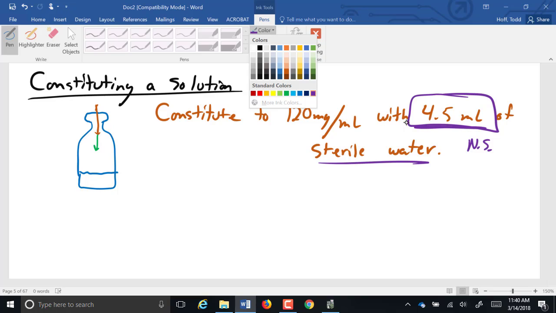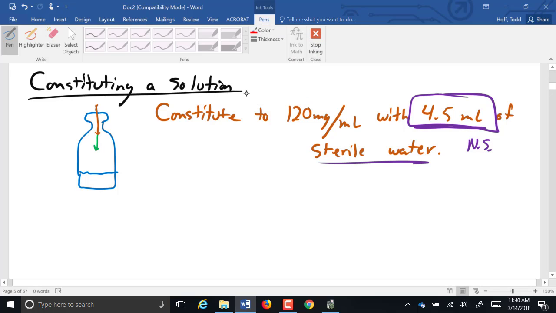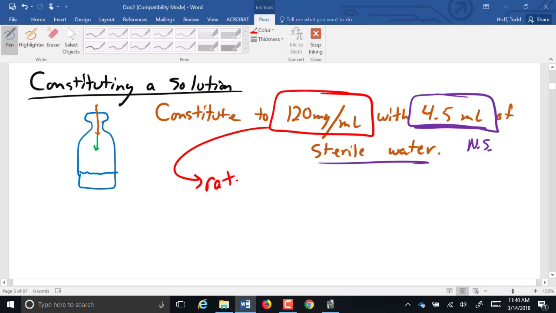But as far as constituting this solution, that's important to pick out. But as far as calculating our dosage, the important information here is this right here: 120 milligrams per milliliter. If you go back to what we talked about with ratios and rates, that is a rate.